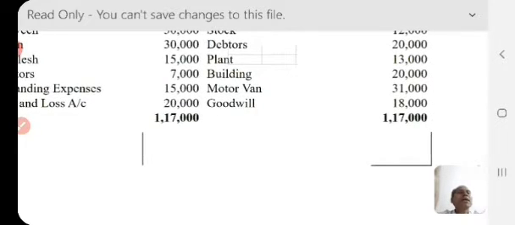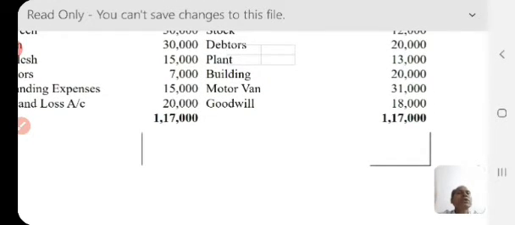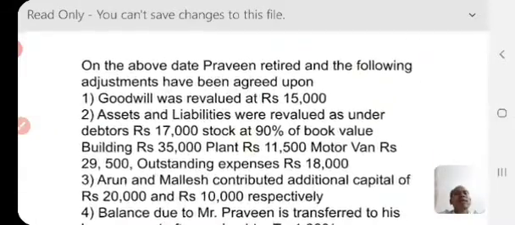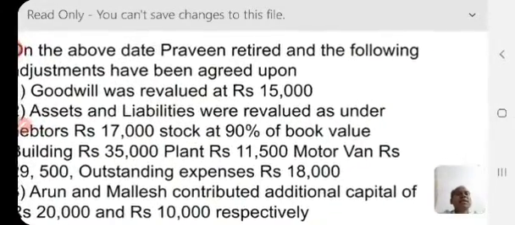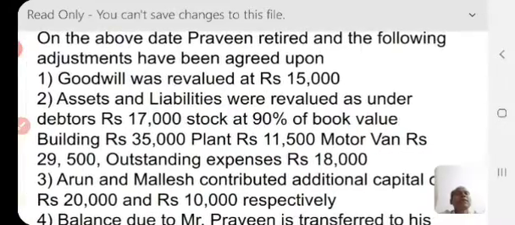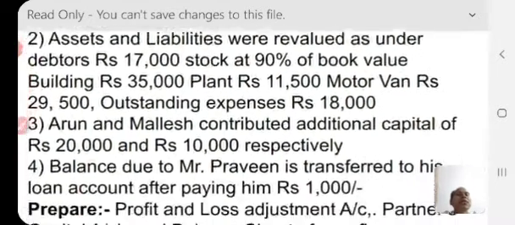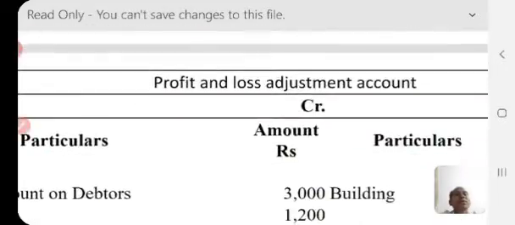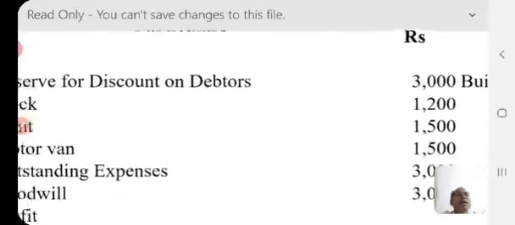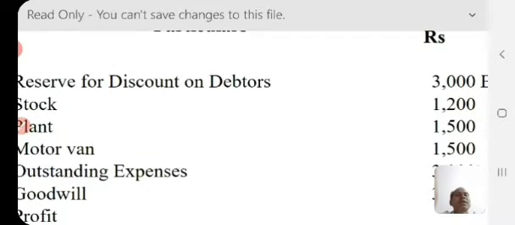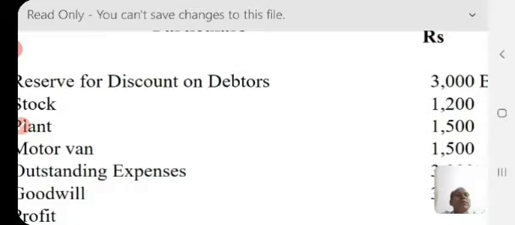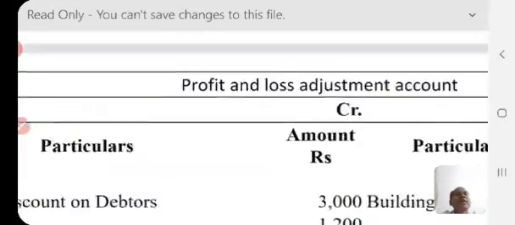See, 13,000 is in the balance sheet, and the plant valued as 11,500. So 1,500 is depreciated. Plant 1,500 reduced. Motor van 1,500 reduced.